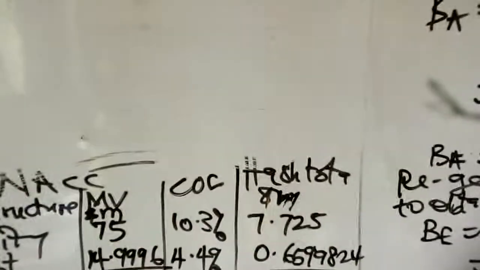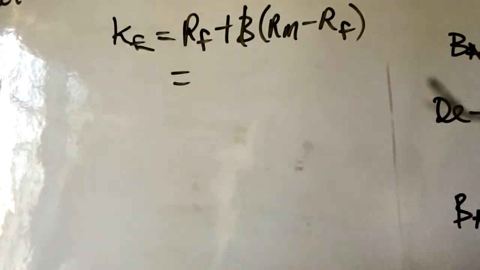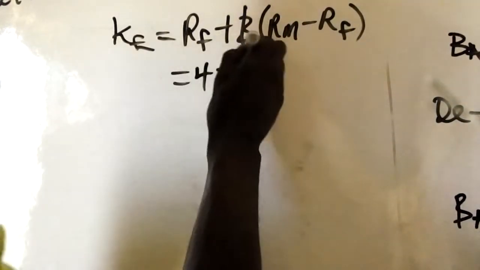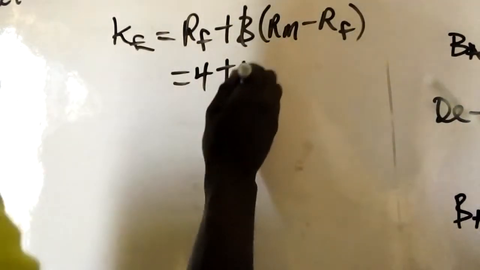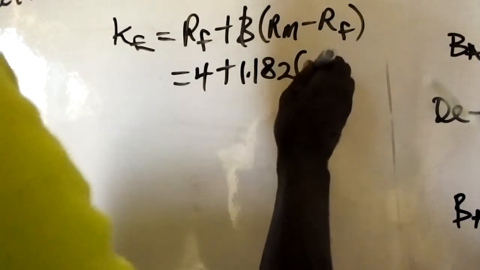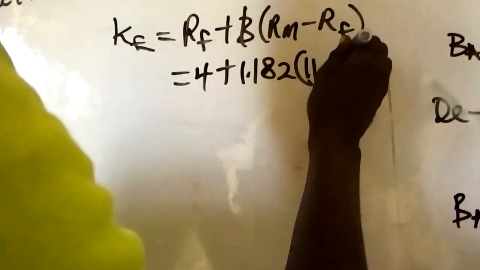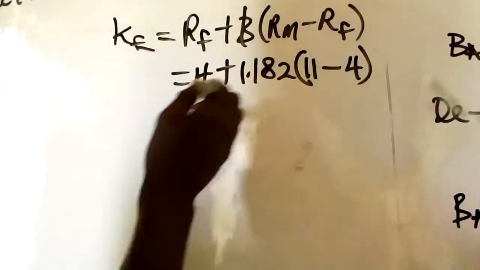So the risk-free rate remains 4%. Our beta is as calculated, which is 1.182. The market return is 11 minus the risk-free rate, which is 4.